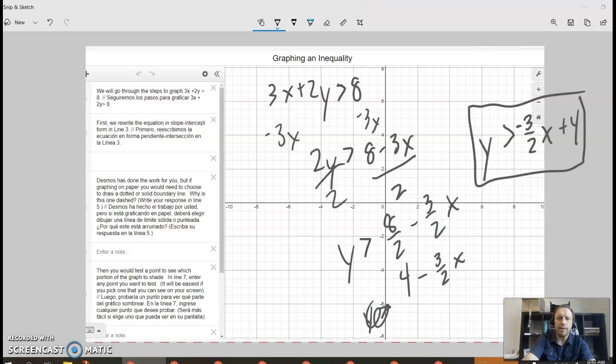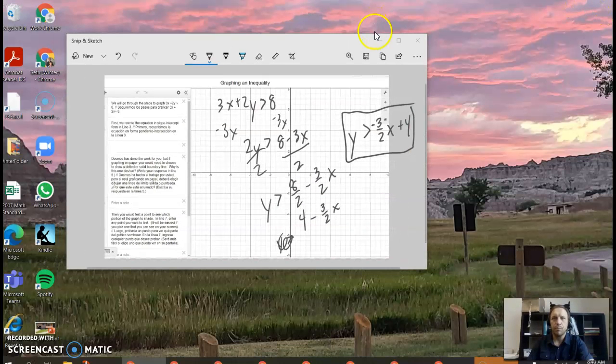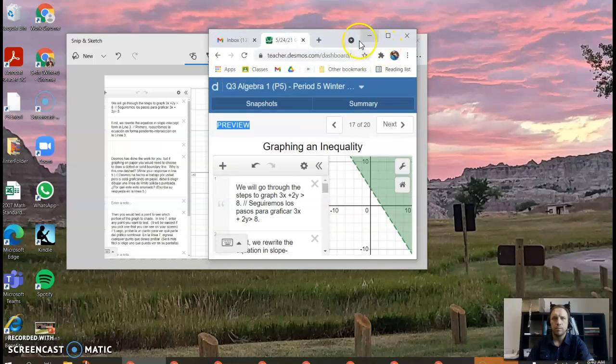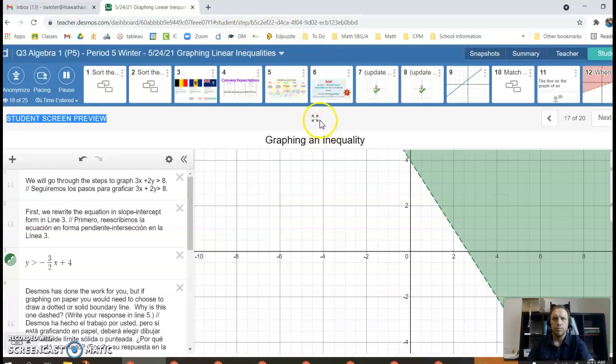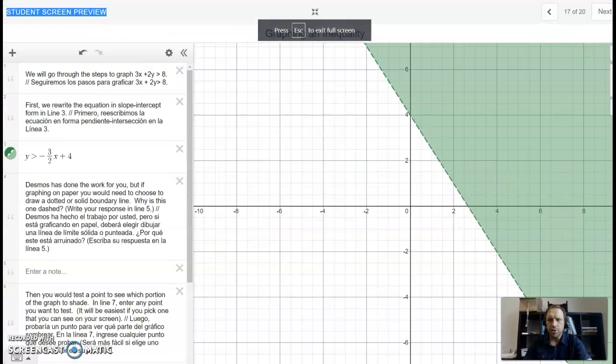So go ahead and type that in line 3. Y is greater than negative 3 halves x plus 4. Right? I'm going to bring this graph down. And so it's already got it shaded for us, right?